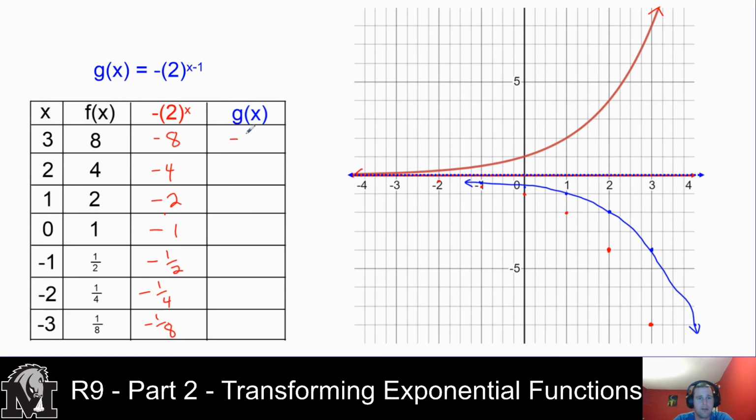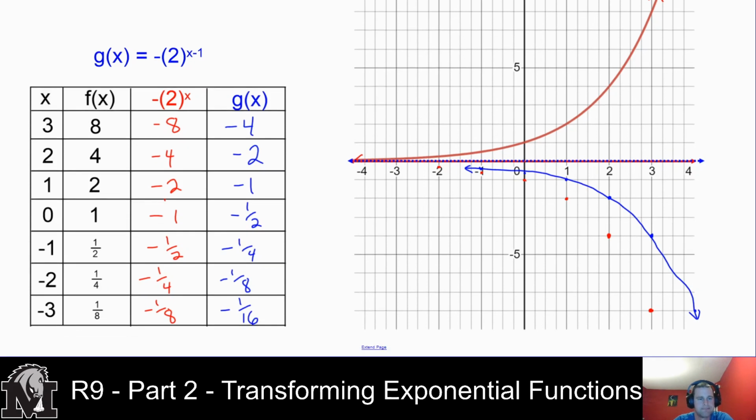So negative 4. 2 minus 1 is 1. 2 to the power 1 is 2. So negative 2. Pattern that I'm noticing is the one below it is shifting up 1. Let's see if it works again. 1 minus 1 is 0. 2 to the power 0 is 1. Negative 1. You look at that. It looks like it's going to hold all the way through. And our last one's negative 1 over 16. There you go.